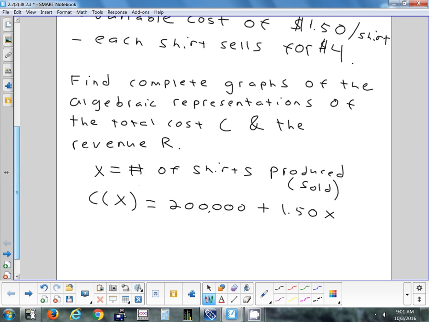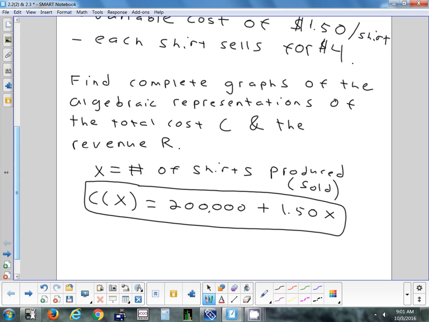Can you explain that? 150x, whatever you plug in for x, that's how many shirts are made. And why are you multiplying it by $1.50? Because that's how much it costs to make a shirt. Right. So we have to pay this cost for every single shirt that we make. The 200,000 you do not pay for every shirt you make. You pay that one time, and that's it. It's a fixed cost.